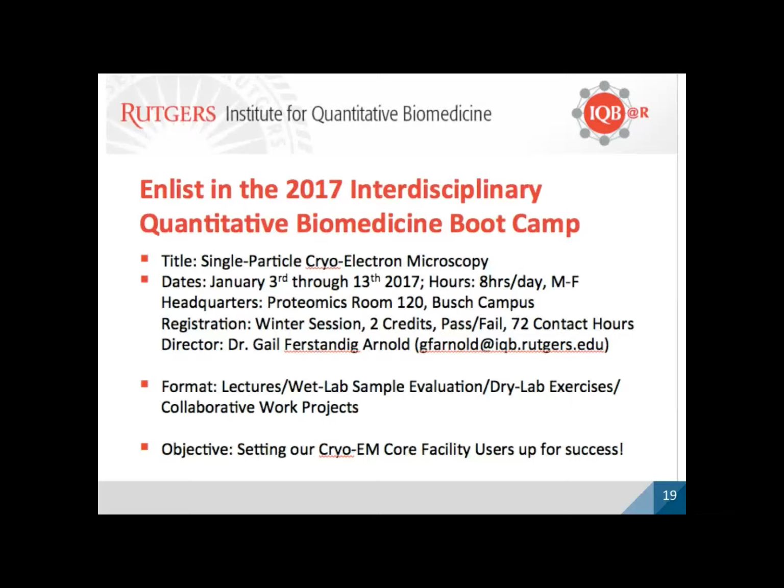Then in the second week, and this will be opened up to a much larger group of registrants, we're going to be going all the way from those recorded EM images through all the software required to actually get to a mass density map and an atomic level interpretation of the 3D structure. So that'll be done in the second week from January 9th through 13th.